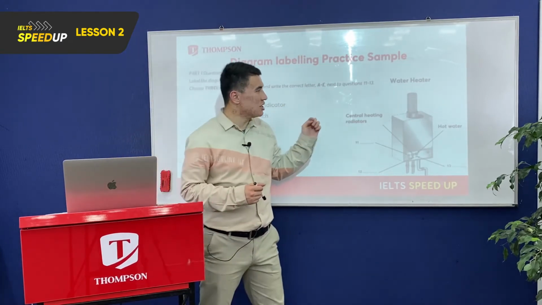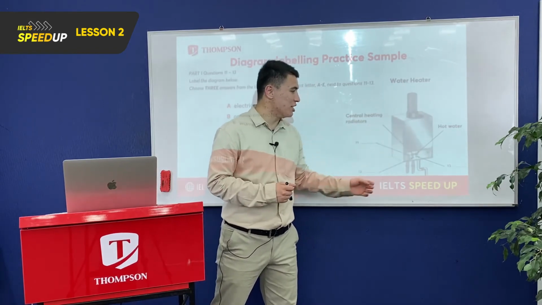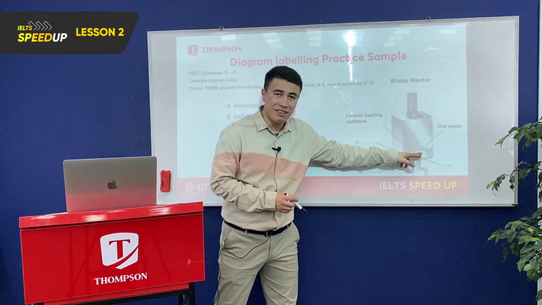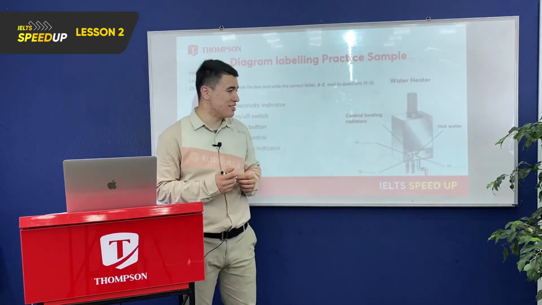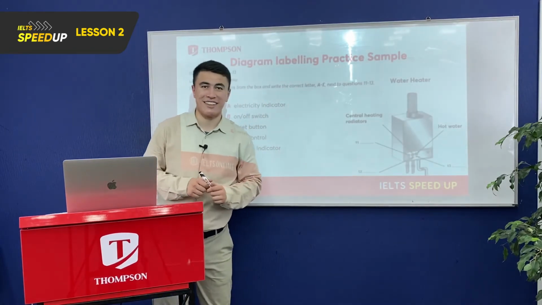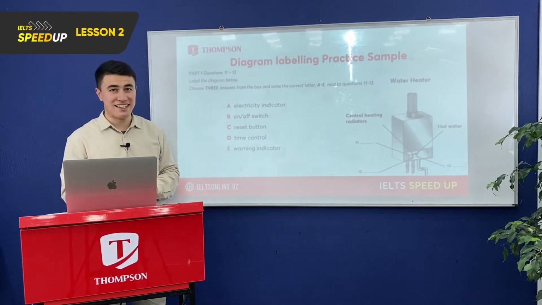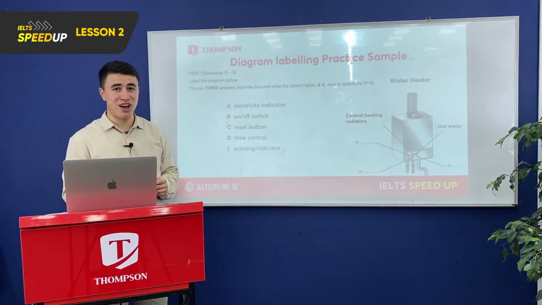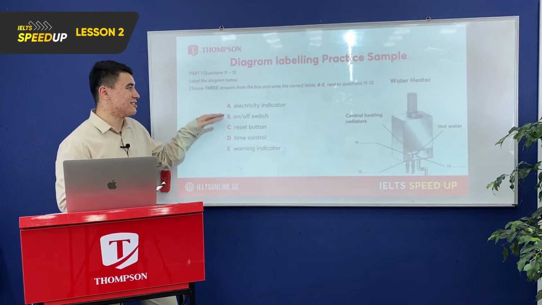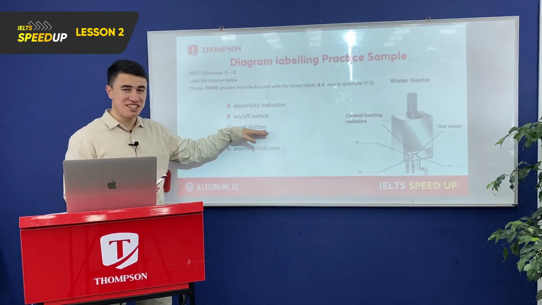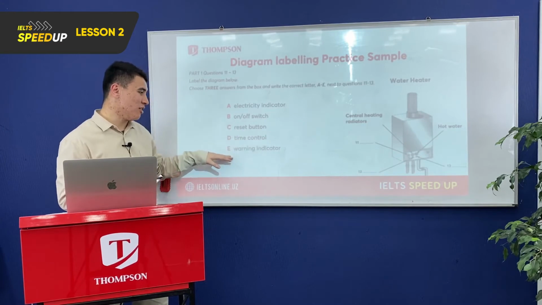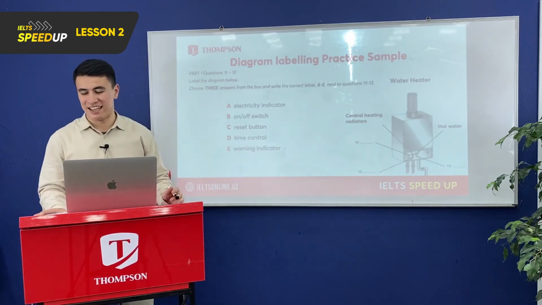So here we have a water heater and we have 3 buttons here and 3 smaller buttons below. So let's see, we should identify the function of these buttons. So: electricity indicator, on off switch, reset button, time control, warning indicator.